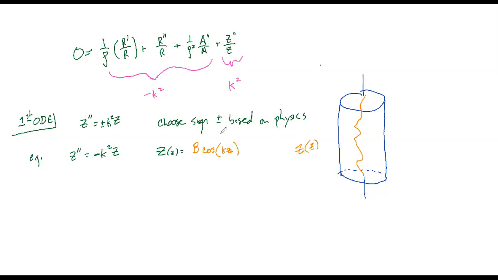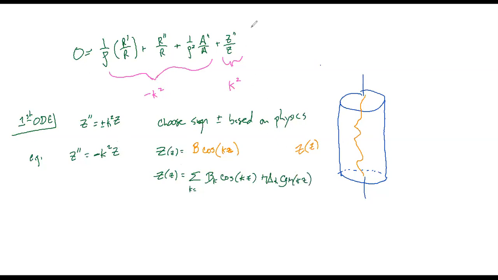So the full and total solution, because again, k was just something we kind of made up. If I put in real boundary conditions, I won't tell you what this is yet because we haven't shown it, but Z is equal to a sum over all the possible allowable k's, of A_k cosine kz plus B_k sine kz.